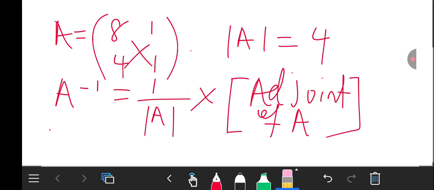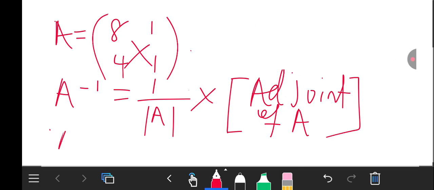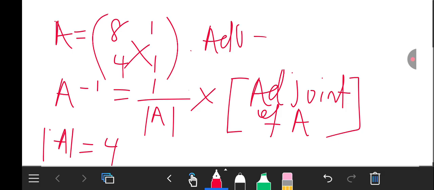The matrix is 8, 4, and the determinant is 4. So let's see how we can find the adjoint of A.